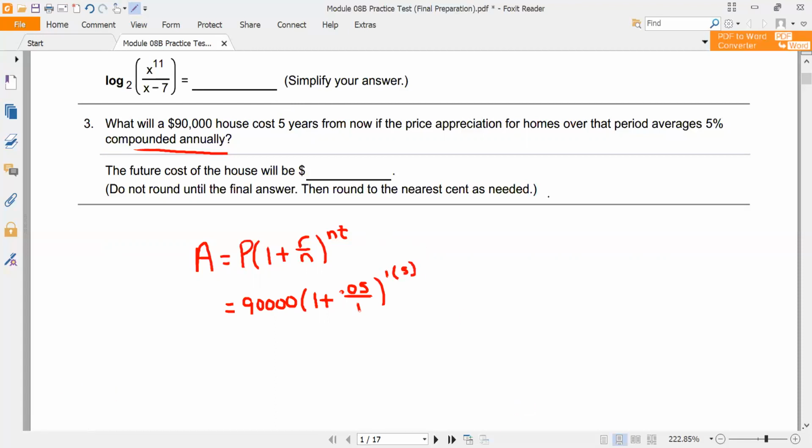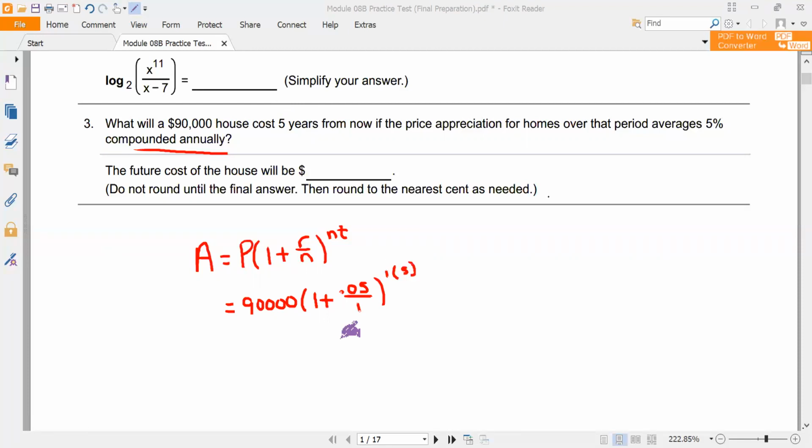So we want to get out our calculator, and you'll want to type all of this in at the same time without hitting clear or enter, otherwise you won't get an accurate rounding. So 90,000 times parentheses 1 plus 0.05 divided by 1, close parentheses. And I always multiply my exponent together in my head or on another calculator because I want to type it in just directly. So 1 times 5 is 5.